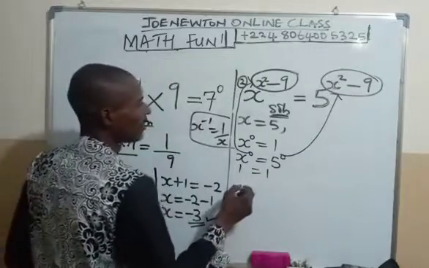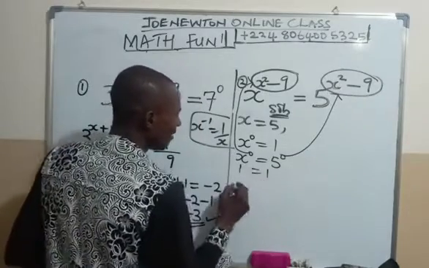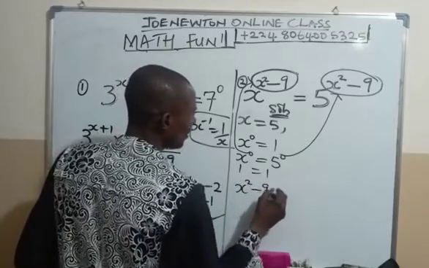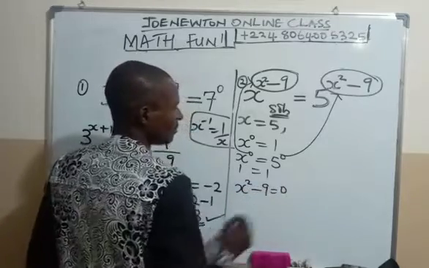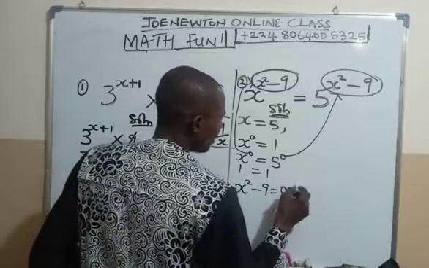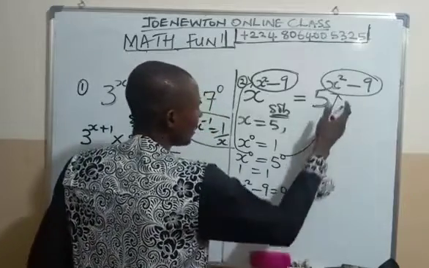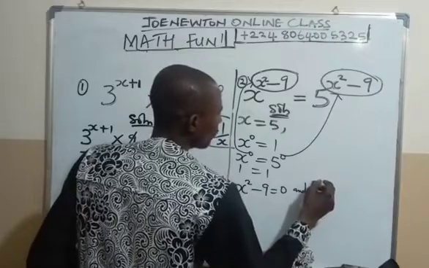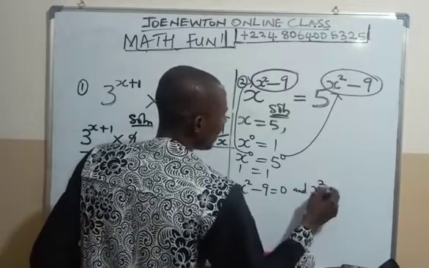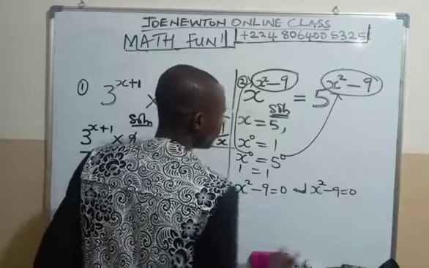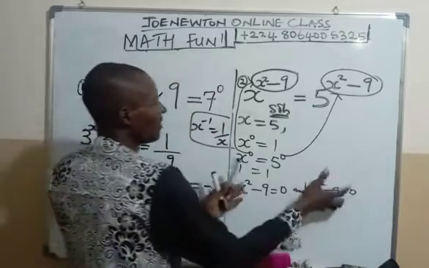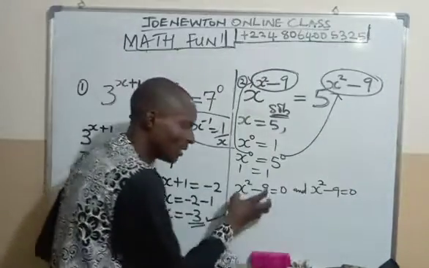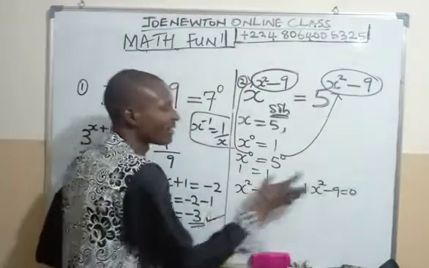That will give us x raised to the power of 2 minus 9 is equal to 0. And from this side, we have x power of 2 minus 9 is also equal to 0. So for that, we take one, because both of them are the same thing. Whatever will satisfy the condition here satisfies here.